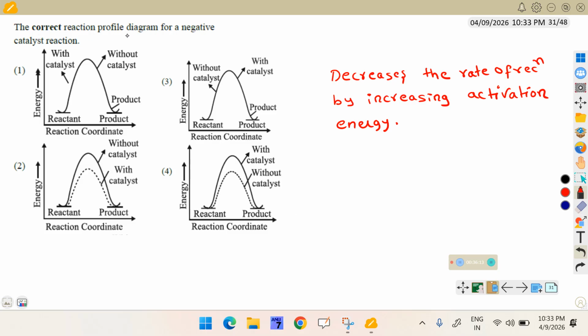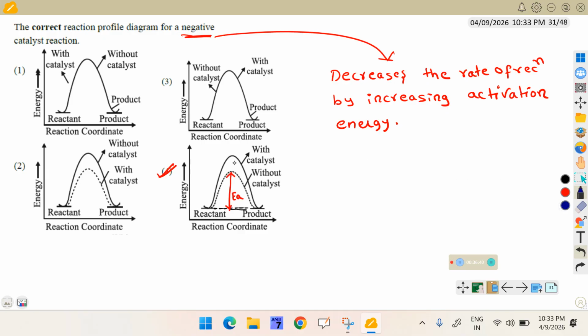The correct reaction profile diagram for a negative catalyst reaction. A negative catalyst, what we know, decreases the rate of reaction by increasing the activation energy. So you can check the fourth option. In the fourth option, without catalyst, this is the activation energy.